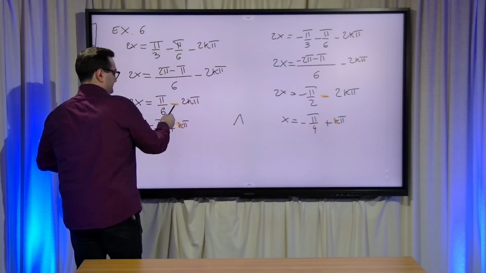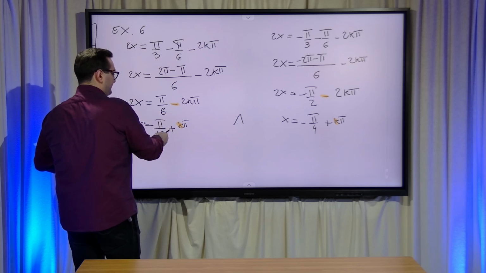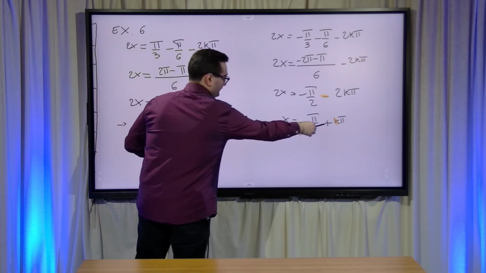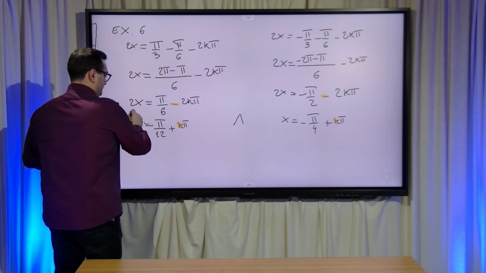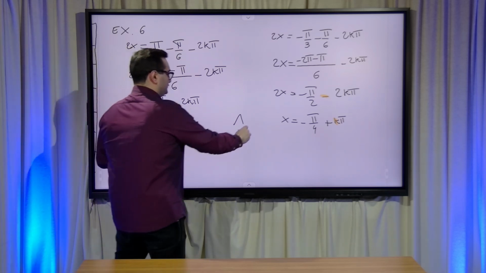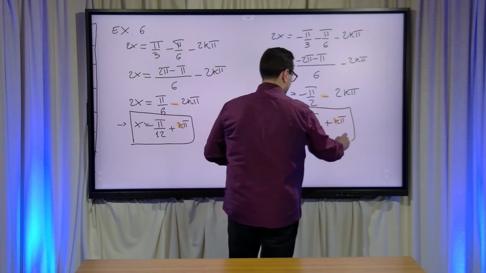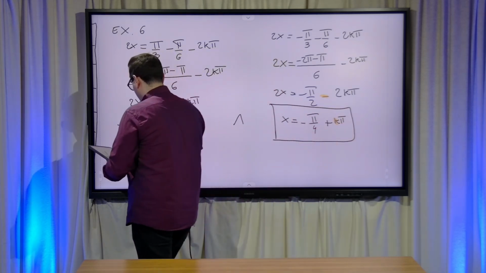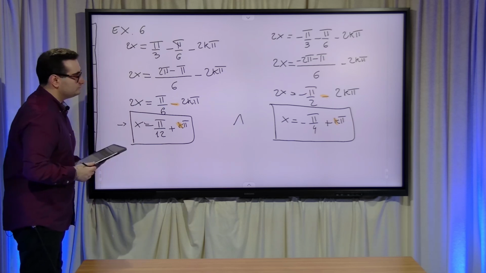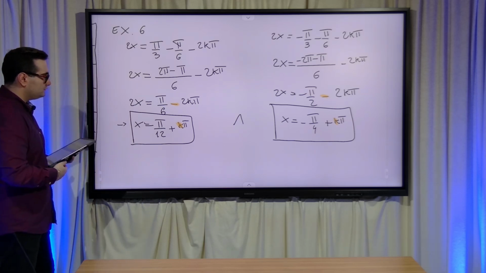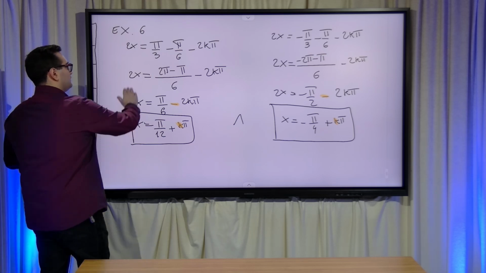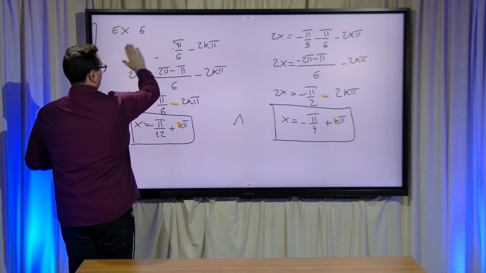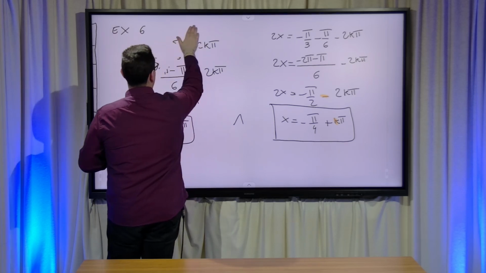So this minus is inside k, and I can write plus here and here. Okay, so this is one solution, and this is the other one. Let's go on with another exercise.